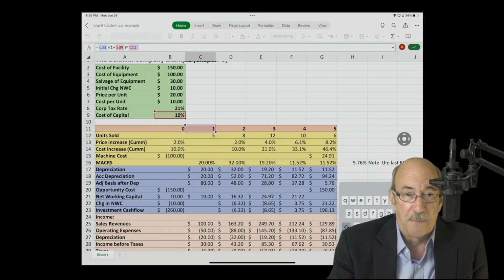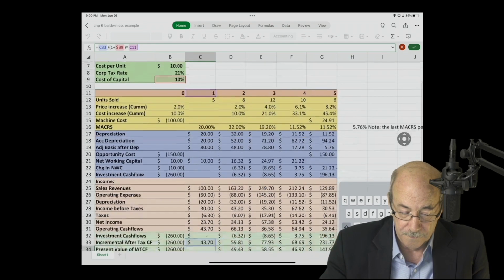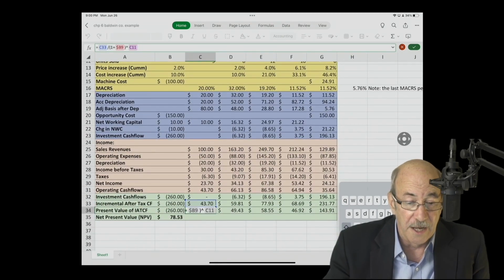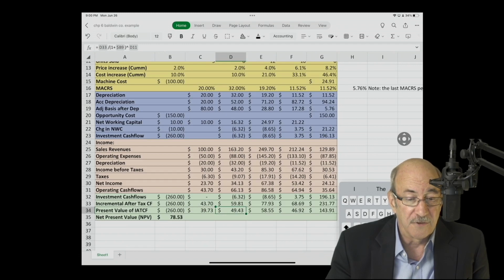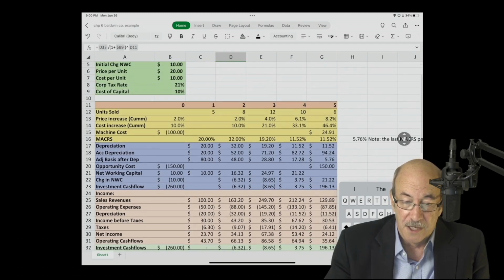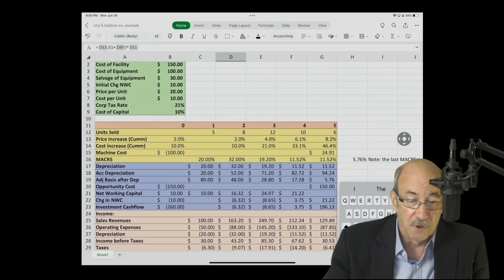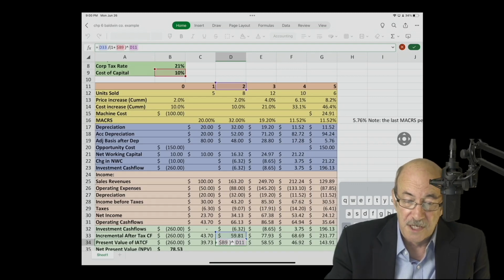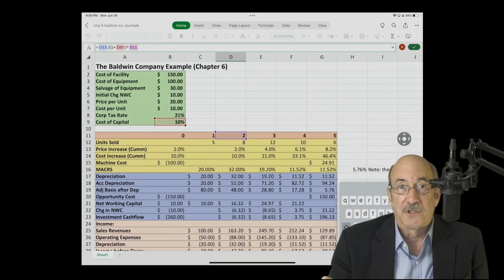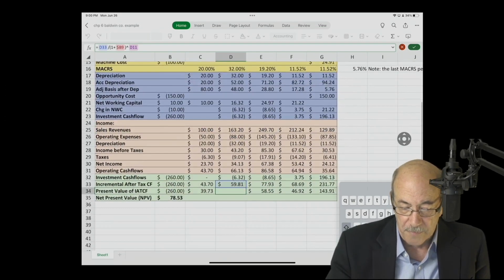And my cost of capital up here in B9 is 10%. So I discount that back for 1 year. I do a similar thing for this, except D11 is 2 years. So I'm discounting that cash flow back for 2 years.